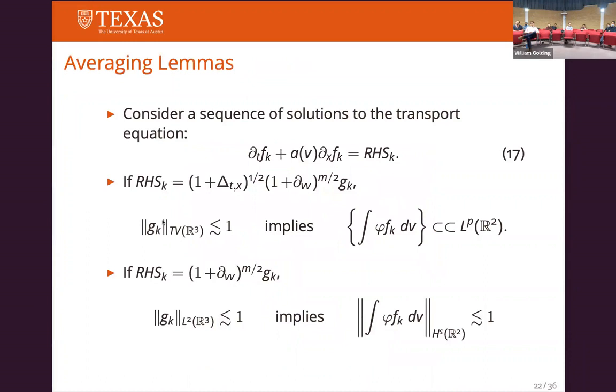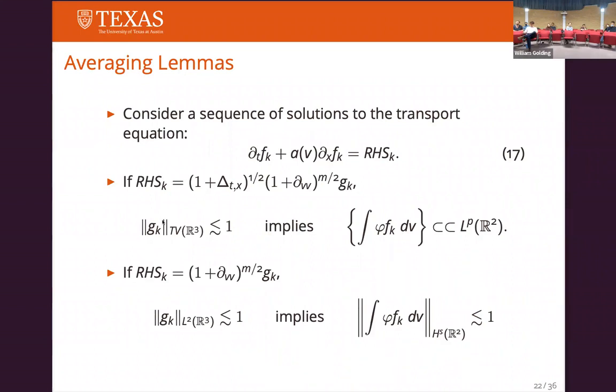And with the kinetic formulation, one great thing you have are averaging lemmas. These are nice gains you get. Averaging lemmas basically say that if I have a transport type thing equal to some right-hand side, I gain regularity on the average. If the right-hand side has a full derivative in time or space, then what I basically gain is compactness.